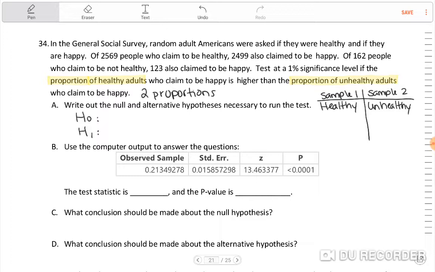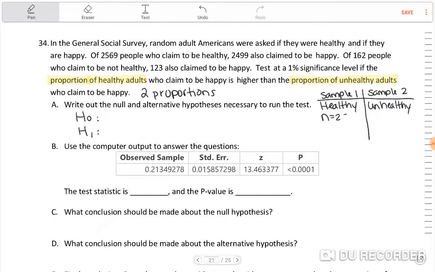For my healthy ones, of the 2569, that's my N, 2569, and my X is 2499. Those are the ones that claim to be happy. And for the unhealthy ones, my N is 162 and the X there is 123. I'll call these n1, x1, n2, x2. And our alpha is going to be 0.01.